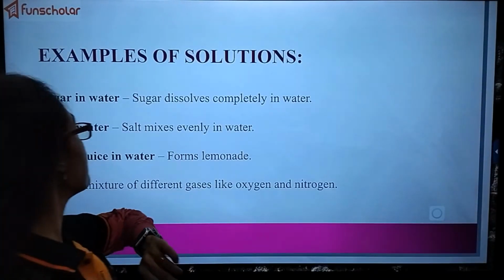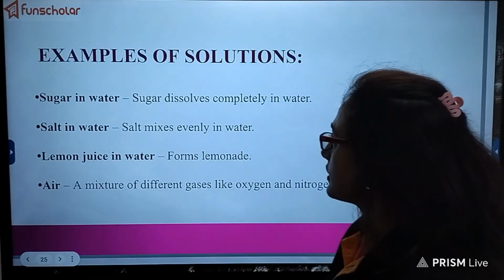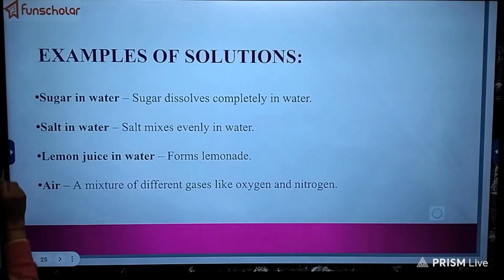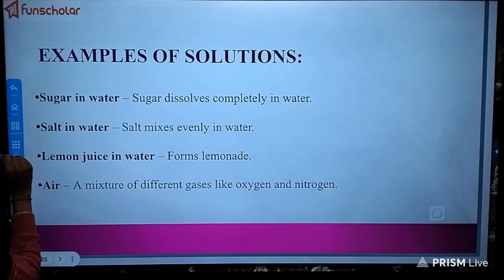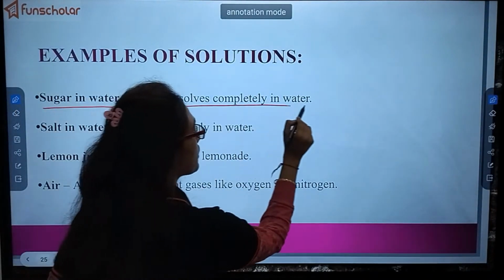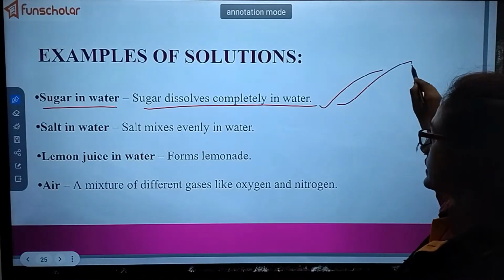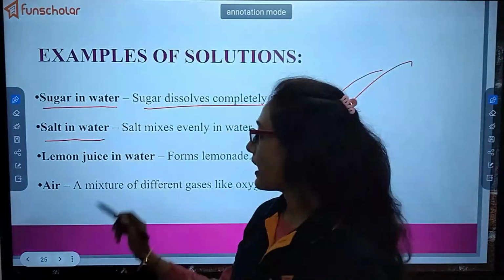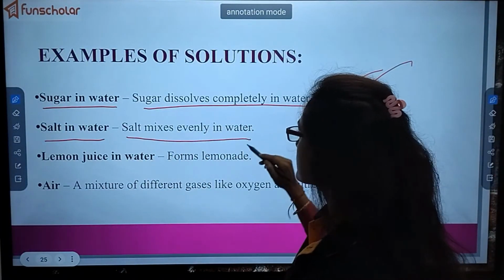Now some examples of solution. Sugar in water, just now I have shown you this. Sugar gets completely dissolved in water, which I have already shown you. Salt in water, do this at your home and find out whether it mixes or not.